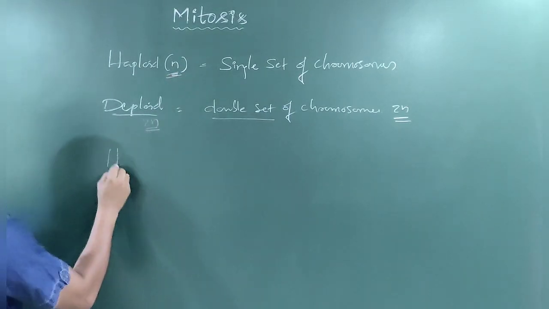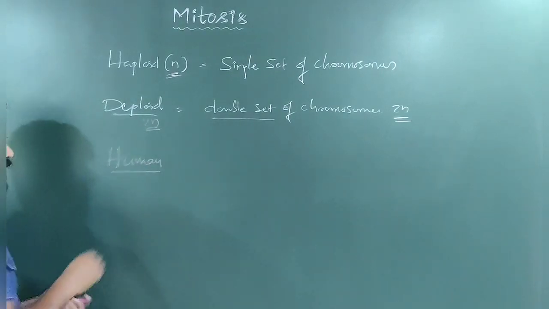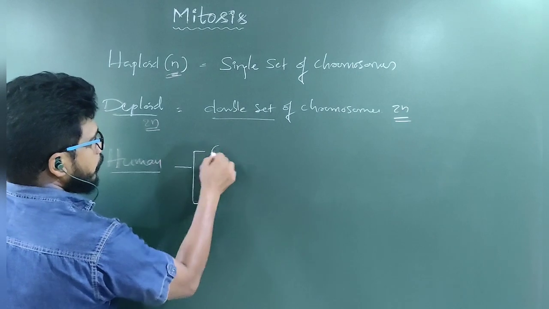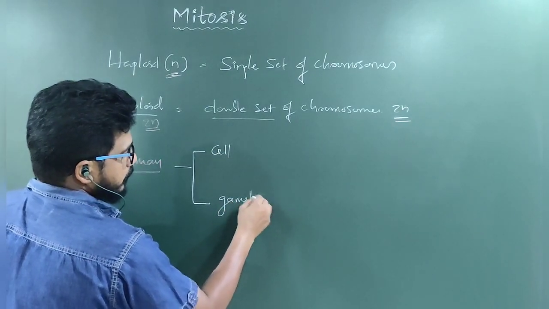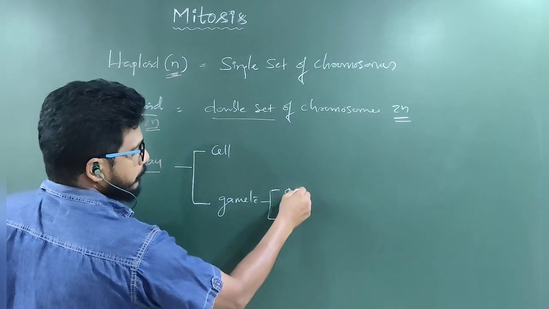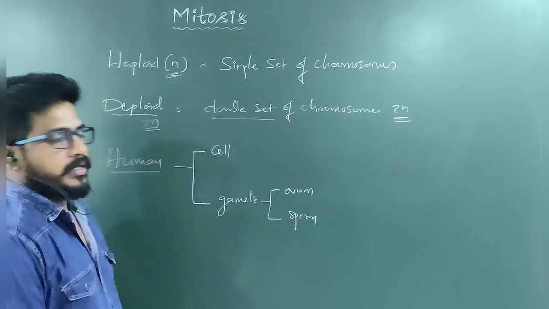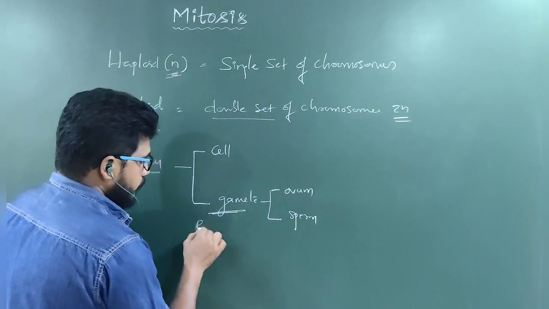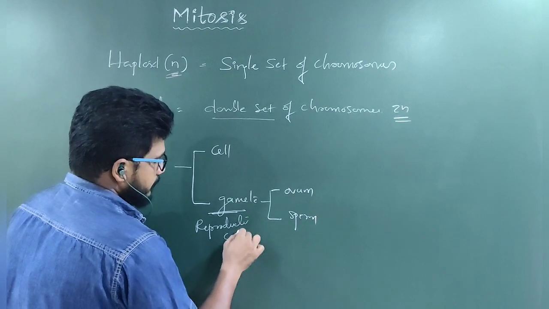In the case of human cell and human gamete, the gamete may be ovum or sperm. Understand? These are called reproductive cells. Clear?